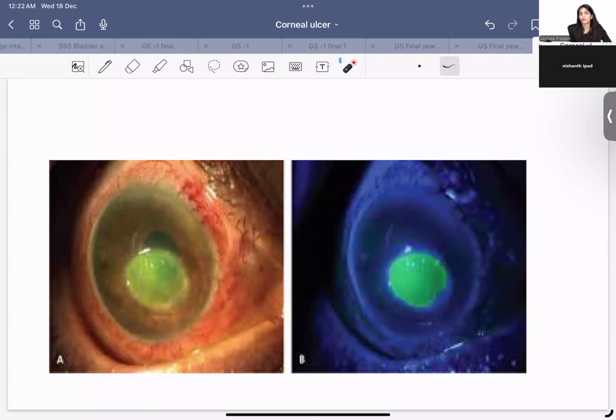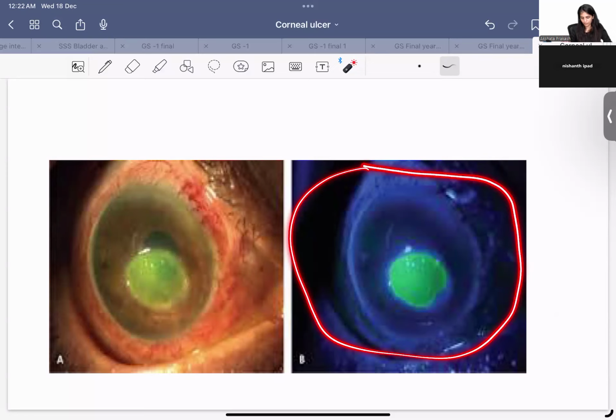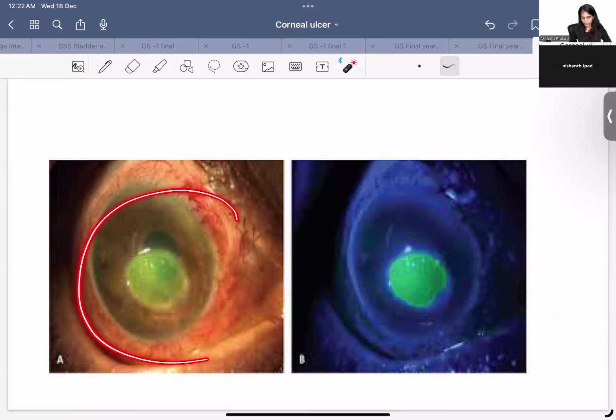The filter they have used here is blue. You can see the blue light. That is your cobalt blue filter. Here, there is no filter used. It still appears green, but if you want to delineate it better, it is in this picture that you can delineate it. It appears green, but the filter is always blue. And the dye is sodium fluorescein.